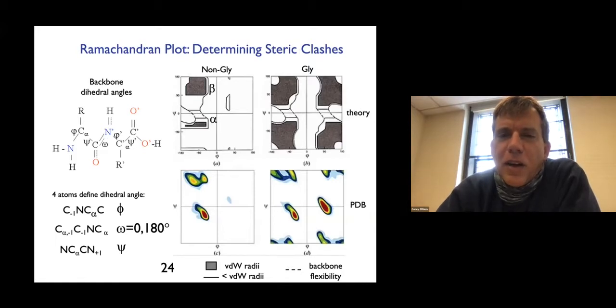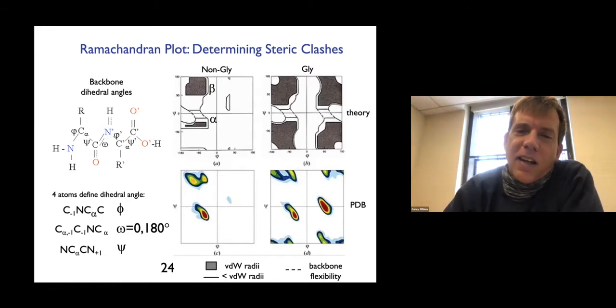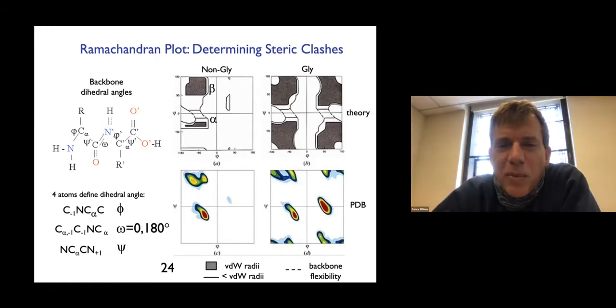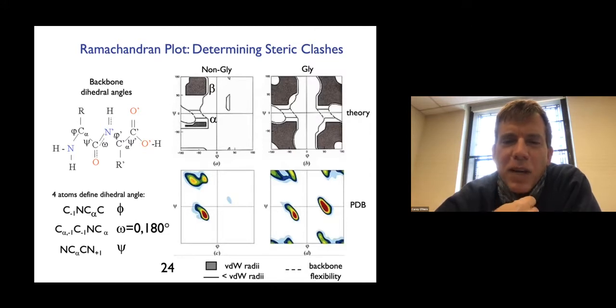The other thing to think about is, in general, what a Ramachandran plot is: the backbone dihedral angle phi is on the horizontal axis, and the psi backbone dihedral angle is on the vertical axis. And typically the range that's plotted is from negative 180 degrees to 180 degrees.